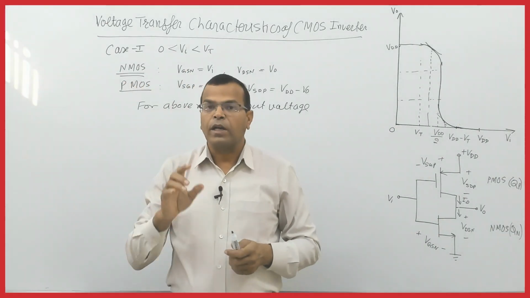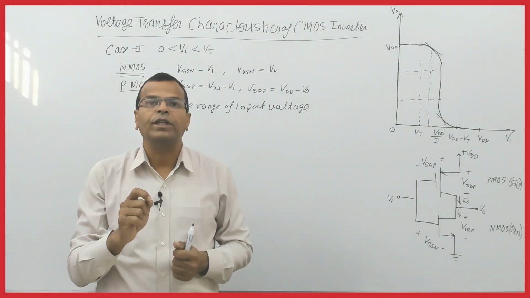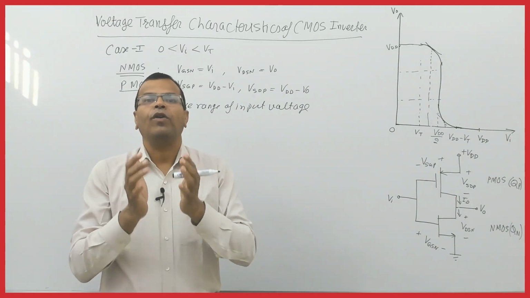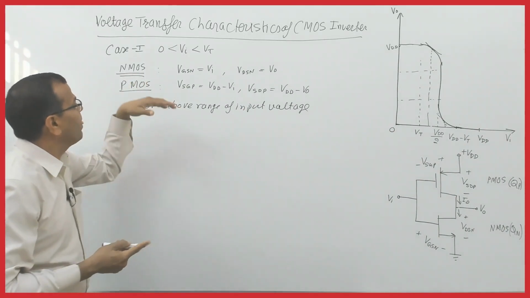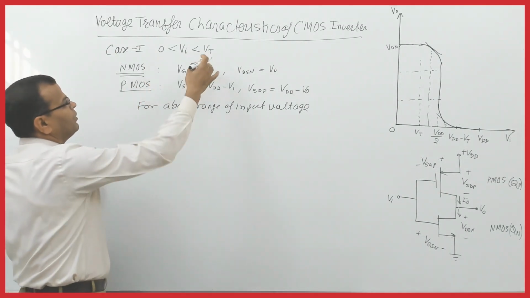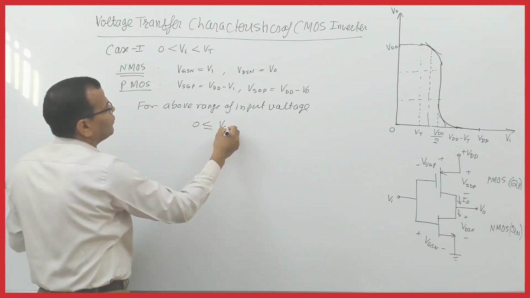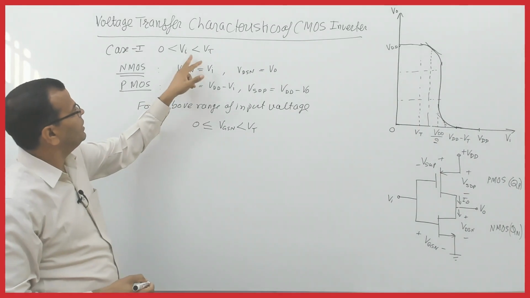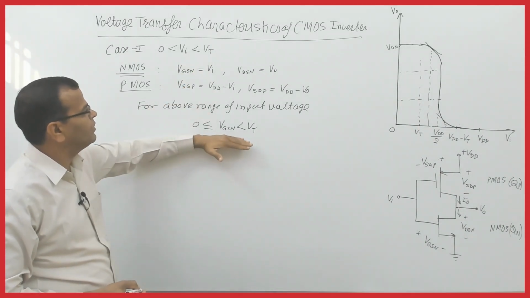Because the range of the gate to source voltage and drain to source voltage will decide the region of operation of the MOSFET. So here we know Vi is VGSN. For this range of input voltage, what will be the range of VGSN? VGSN will be in this range. Why? Because if the input is in this range, VGSN is the same as the input. So this is the range of VGSN.